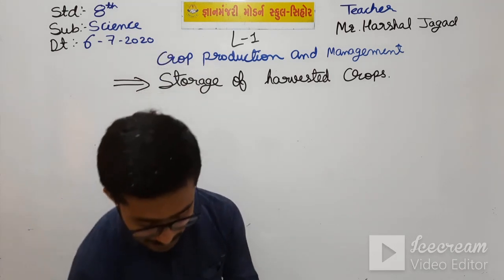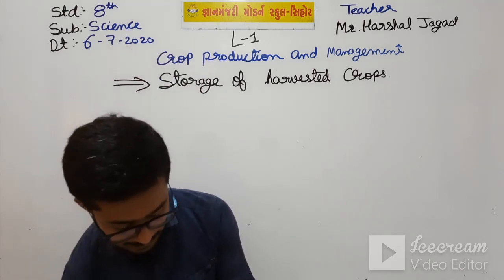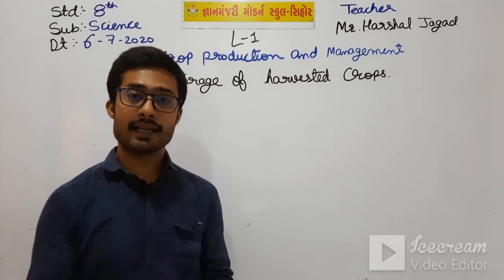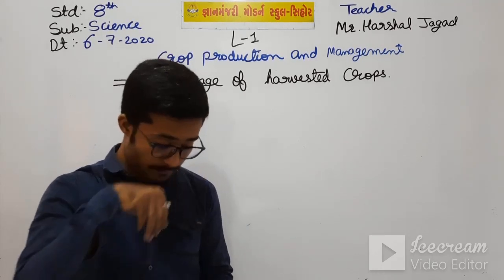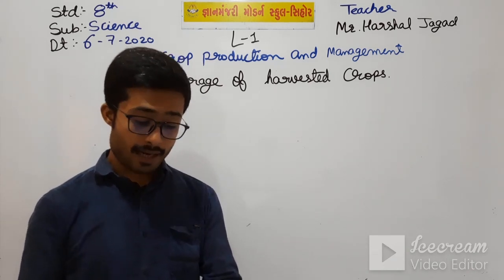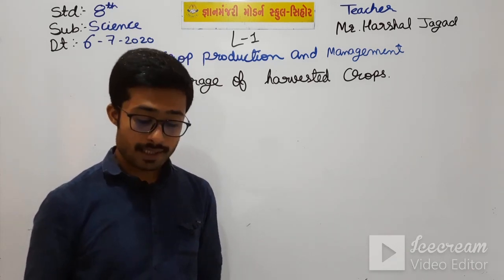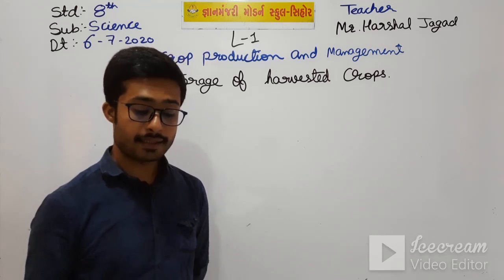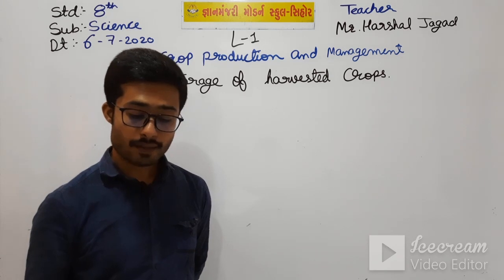Mandis means, here in the bracket it is written, the big market places where the grains are sold. The grains should be stored in a clean and dry place to avoid spoilage. The harvested grain are first dried in the sun and then weighed and stored in bags.